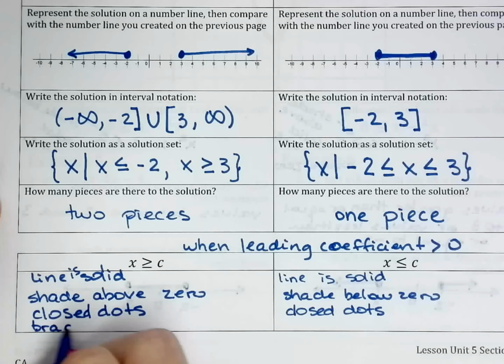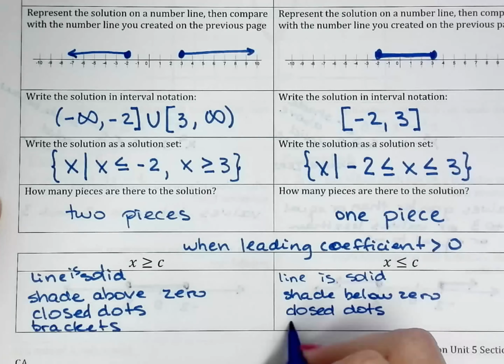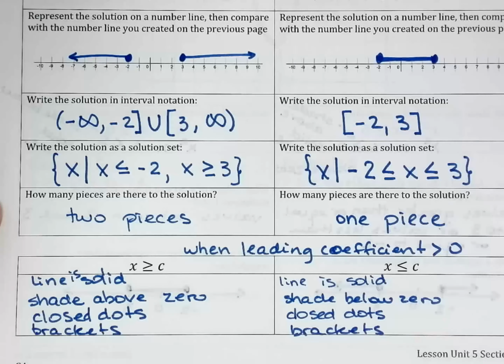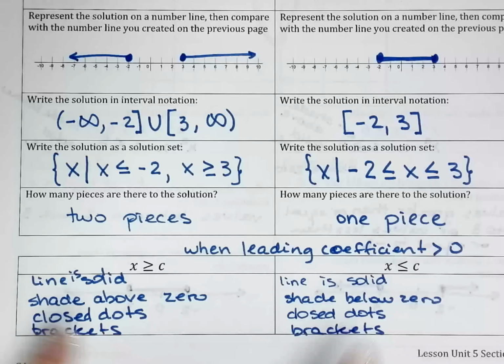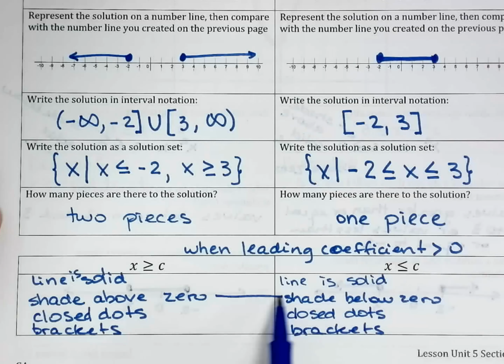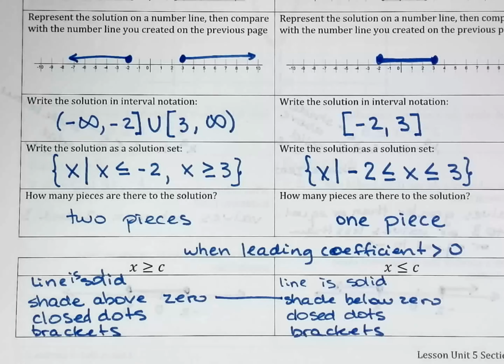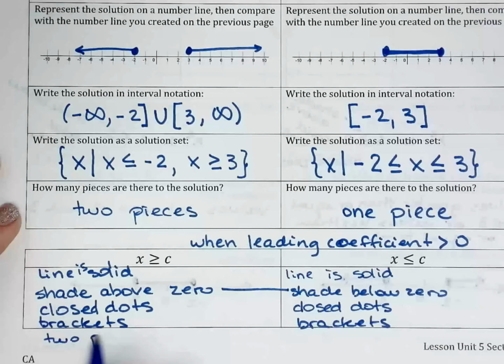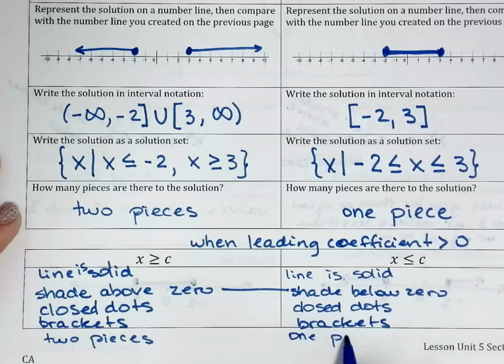And that means you're going to represent that using brackets on both. The only difference between this one and this one is where you shade. Oh, the number of pieces too, right there. So 2 pieces, and then you have 1 piece right there.